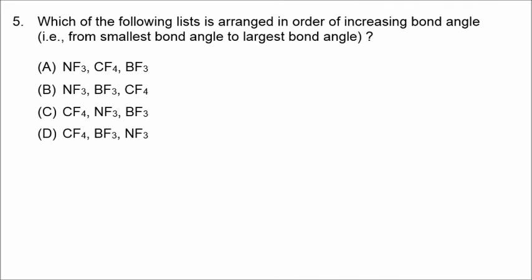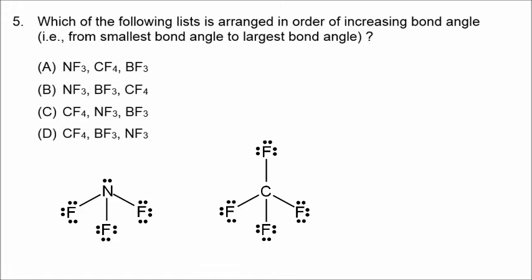In number 5, we have to consider bond angles again. So we have the NF3 nitrogen trifluoride molecule, which is trigonal pyramidal. We have our tetrahedral carbon tetrafluoride molecule, and we have our trigonal planar boron trifluoride. As you know, carbon tetrafluoride has a bond angle of 109.5 based on the tetrahedral geometry. Boron trifluoride would be 120 for its bond angle because of the trigonal planar geometry.